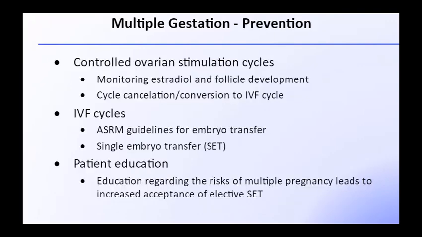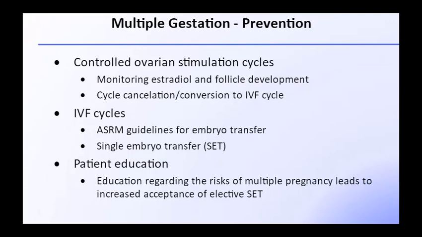Strategies for preventing high-order multiple gestations in ovarian stimulation cycles include careful monitoring of estradiol levels and follicle development, with cycle cancellation or conversion to an IVF cycle with cryopreservation of excess embryos. ASRM has established guidelines for embryo transfer, which are addressed in more detail in another module of this series.